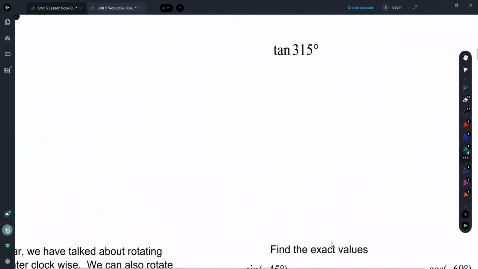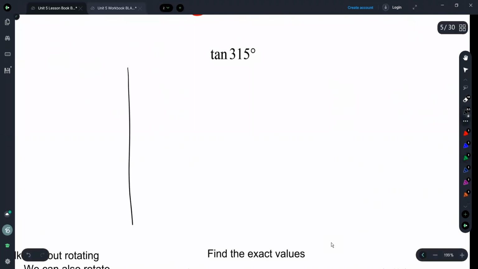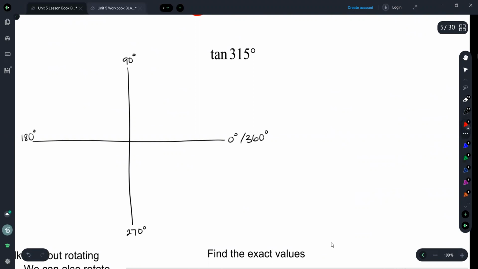Let's try a couple more. So tan of 315. You're going to draw your grid out again. And you're going to decide where you want to place 315.